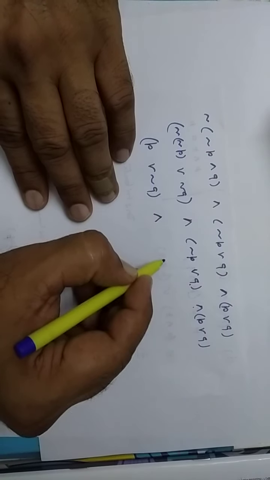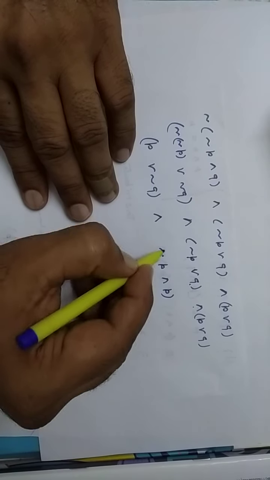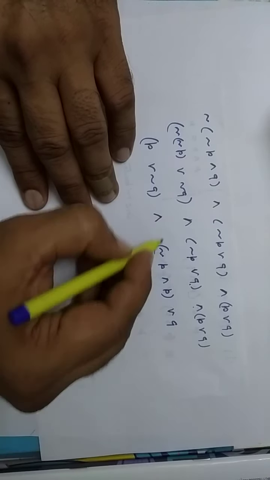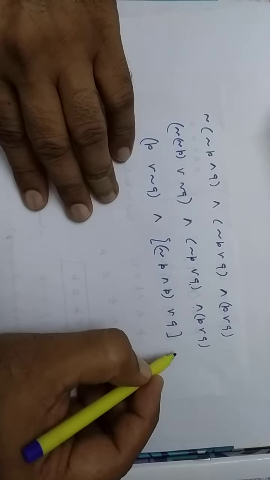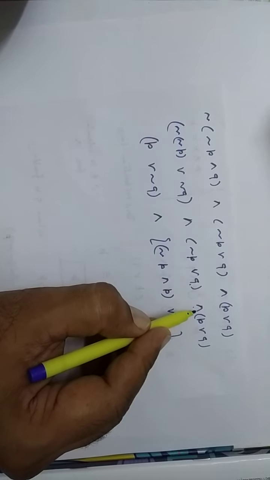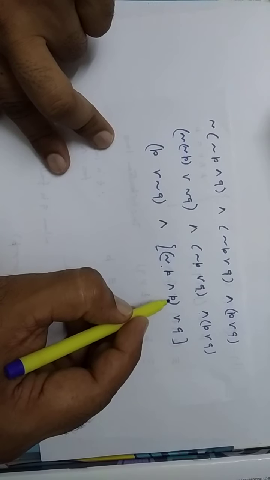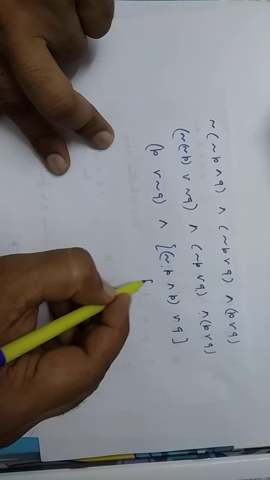It means this one is negation of P and P and joined by Q, distribution law. Q is distributive over the joining over and. The negation of P and P, it is always fallacy.